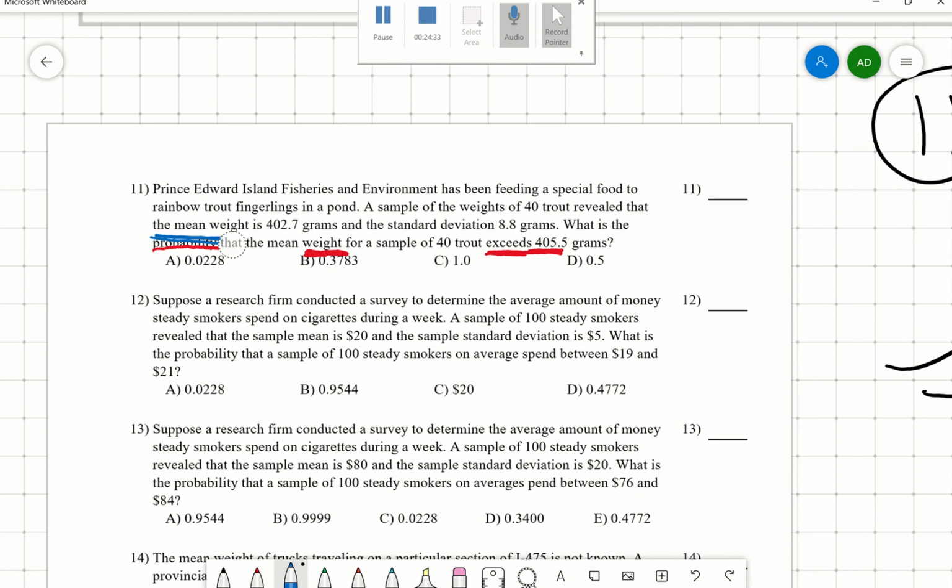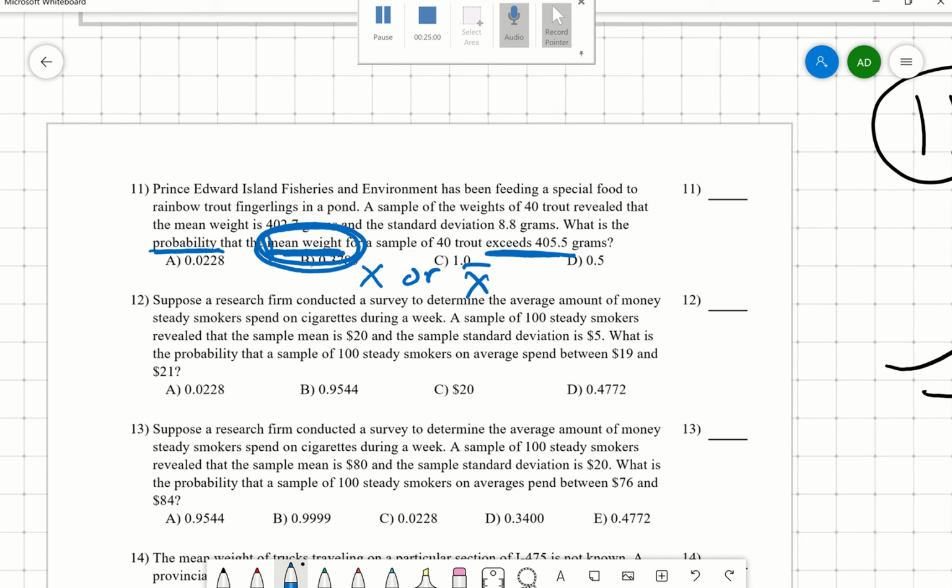or is the question asking the probability that the average of the variable, mean weight, is more than something? So based on that, am I dealing with x or x bar? Am I dealing with the variable, or the average of the variable?